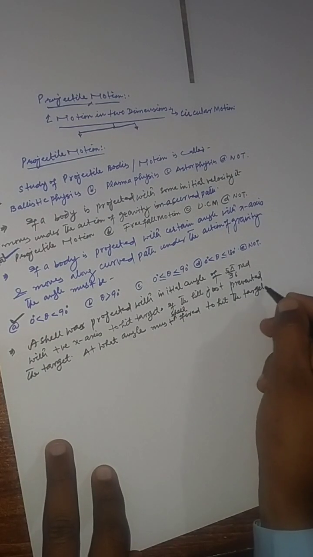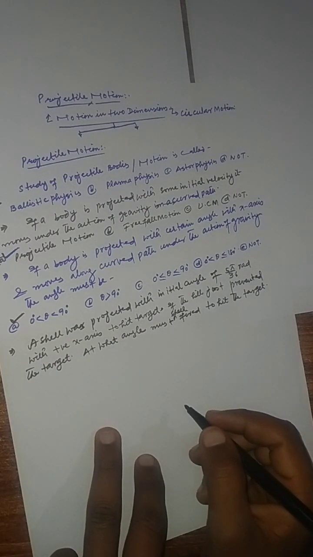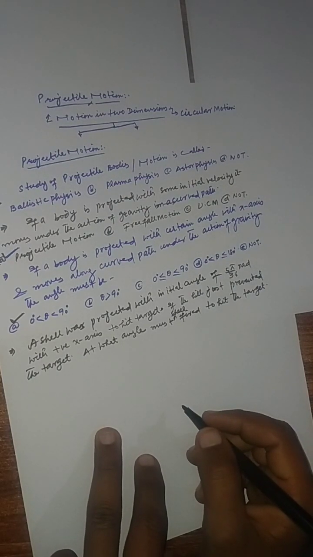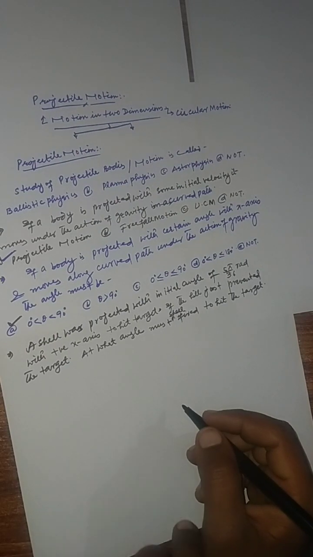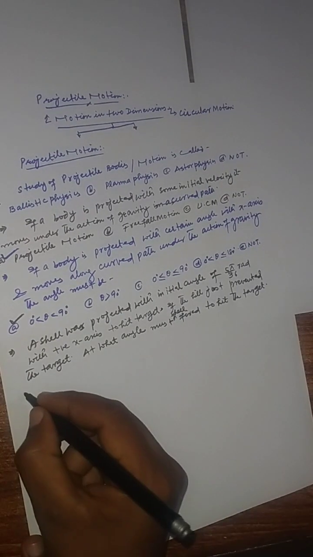We are shooting with a shell and in between there is a hill. If the hill just prevents the target, then at what angle must the shell be fired to hit the target?